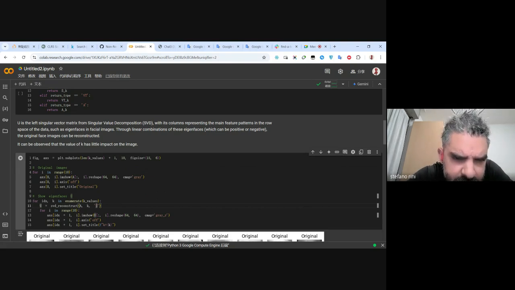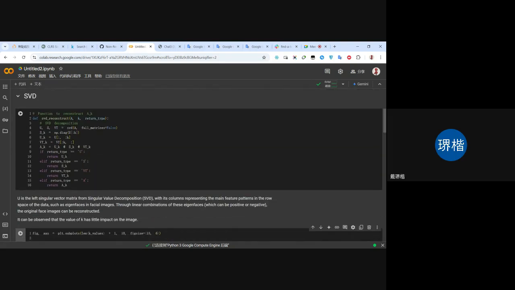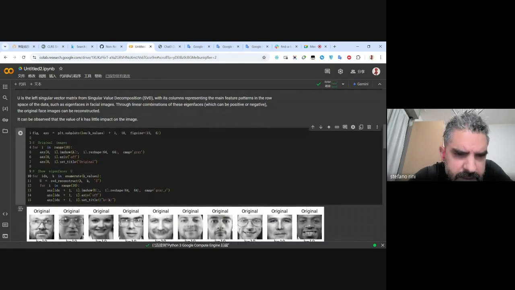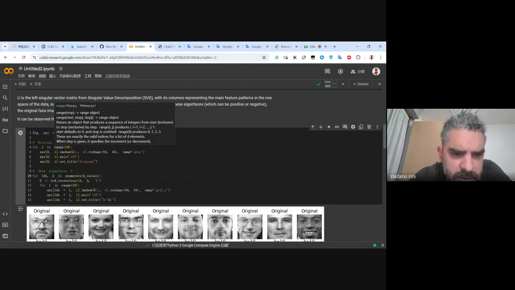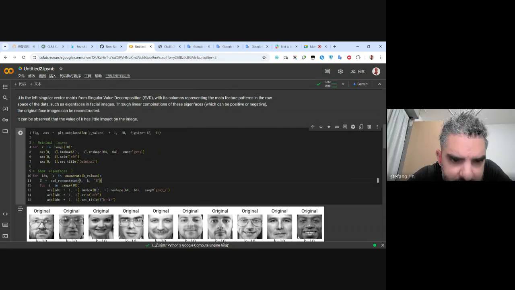Because SVD reconstruct AK, the k is there. Guys, where is the mistake? Try to run it. There is something wrong. Yeah, this is UK, not AK. But the UK is calculated in line 10, right? You can see in line 10 you calculate the U. Then the A is the original one?